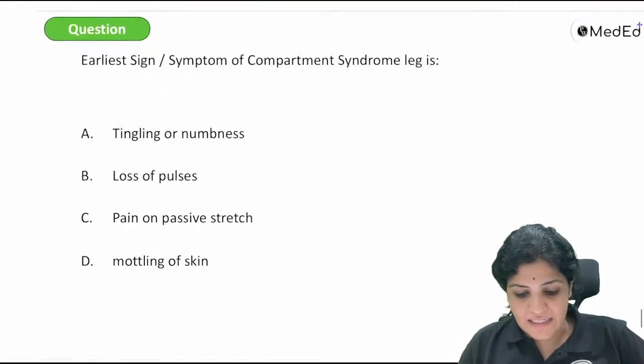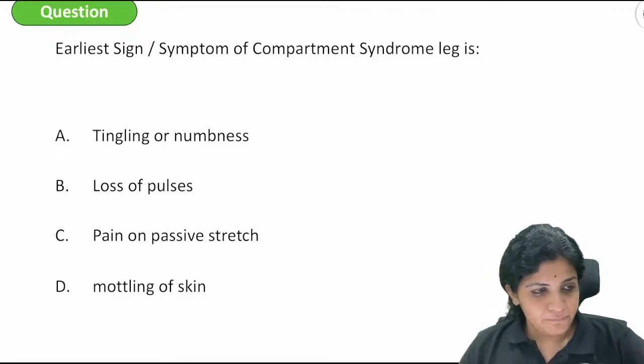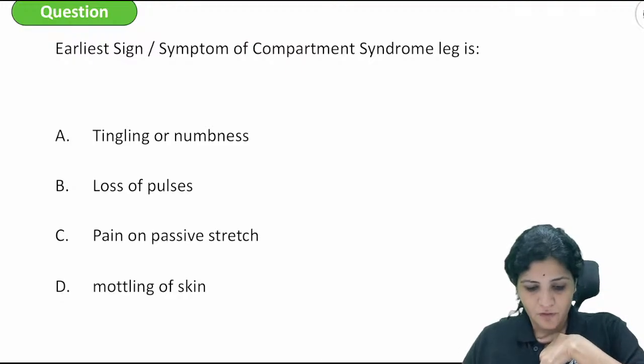Next, what is the earliest sign or symptom of compartment syndrome of the leg?